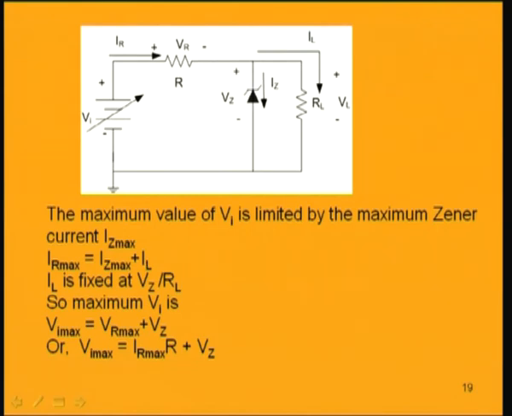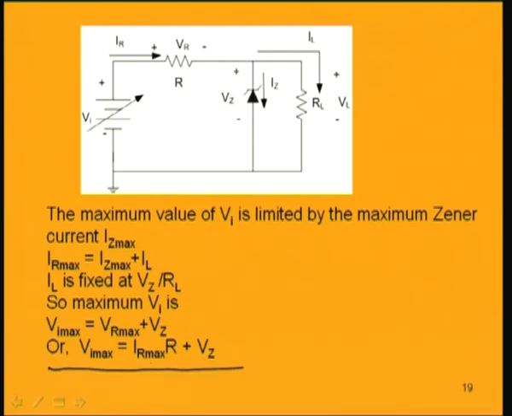As IL is fixed, maximum Vi is equal to VR max, that means the maximum voltage across this resistance, plus Vz. Maximum voltage across this resistance means when maximum IR flows, that is IR max into R. So, IR max into R plus Vz will be the Vi max.